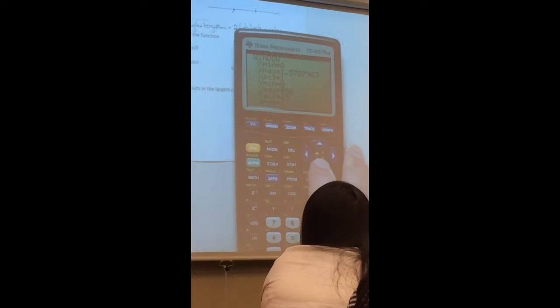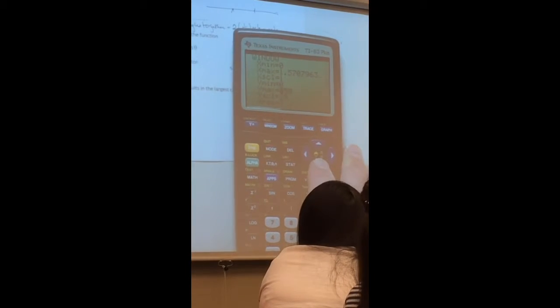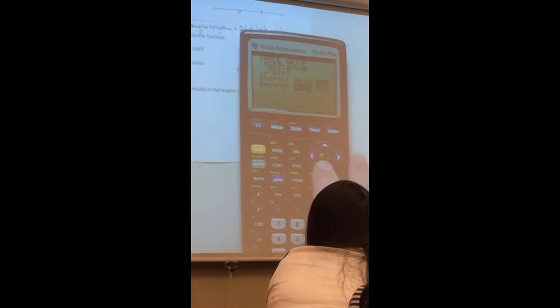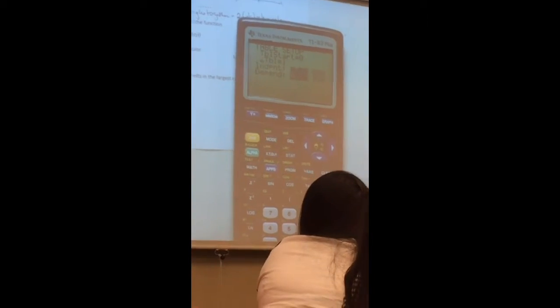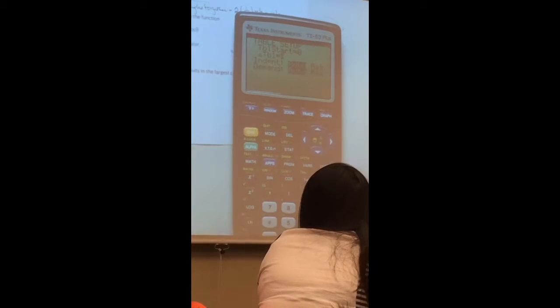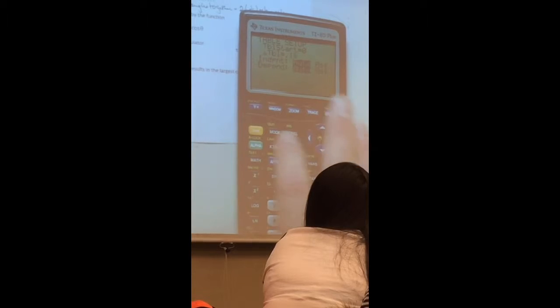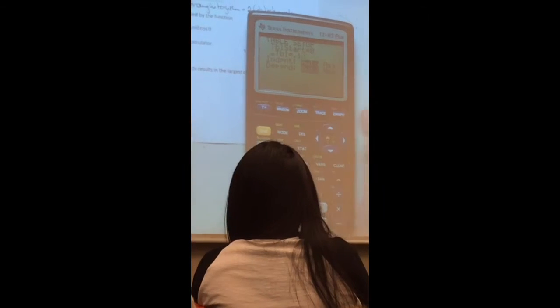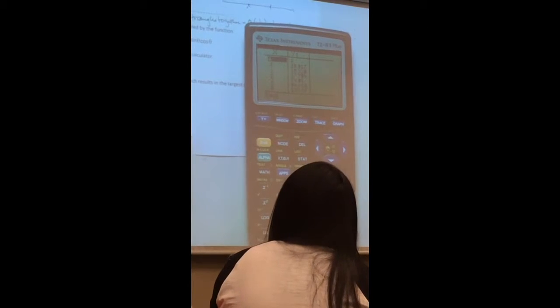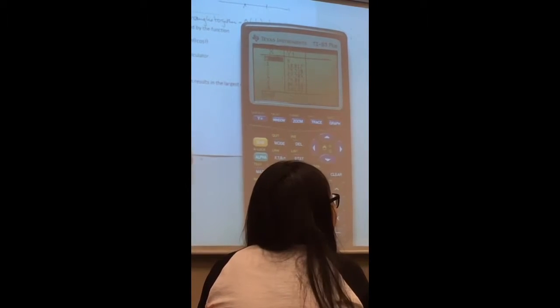What should we do for the y min and y max? Sometimes what I do is I look at the table and just set this on automatic. Sometimes you can get an idea of what values you're going to need by just using the table.